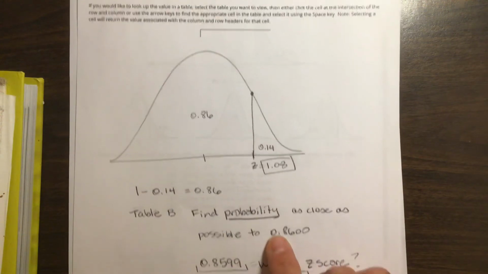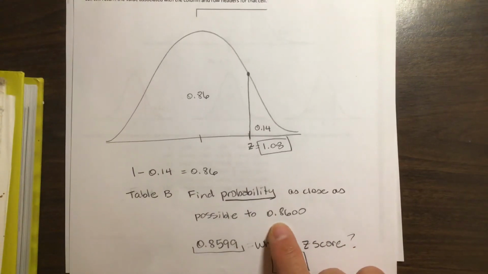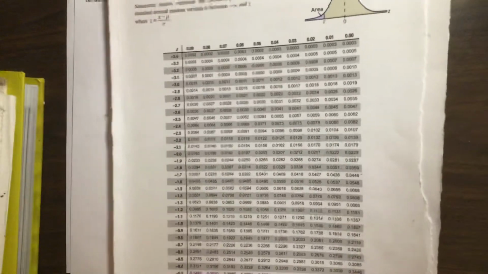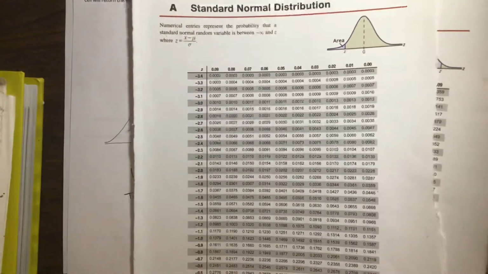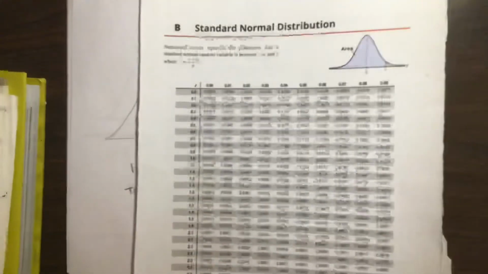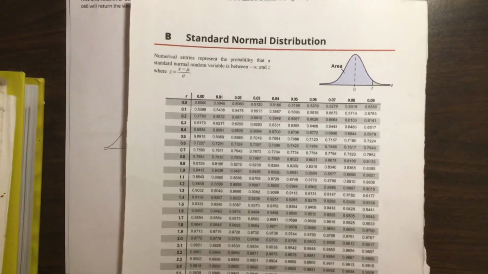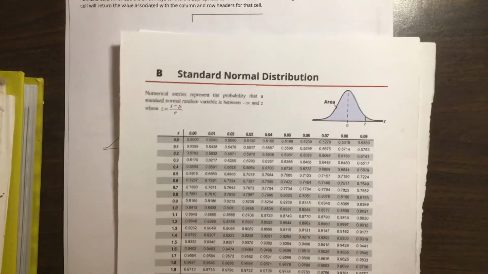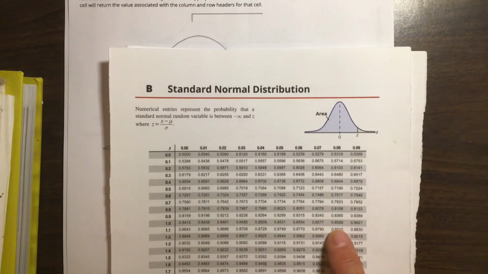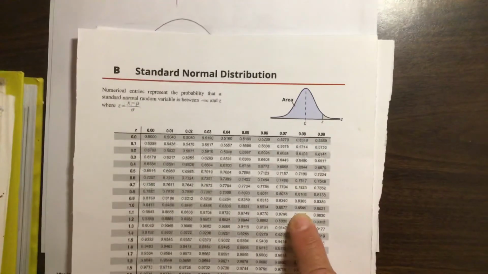I want to get as close as possible to 0.8600. So I'm going to be using this chart, 0.86, and you just have to hunt around for it. So here is 0.8599.